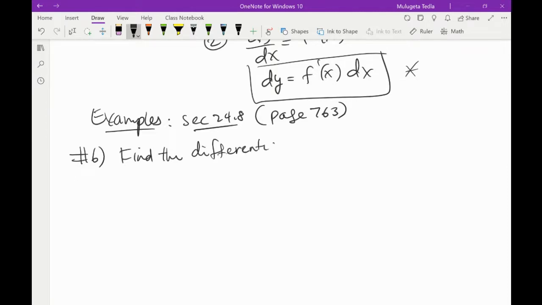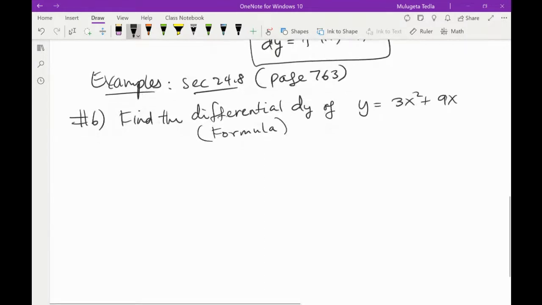That's very easy. The differential dy, let's say y equal to 3x squared plus 9x. They didn't give me x, so this is a differential formula, not a number.